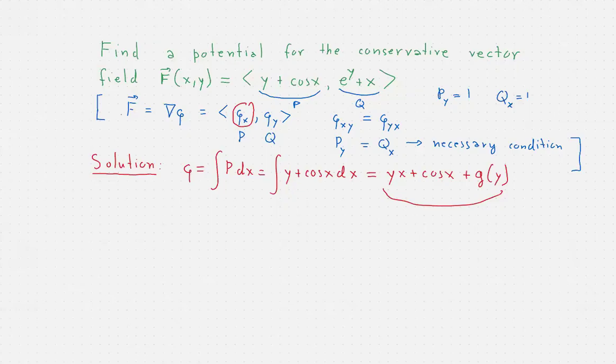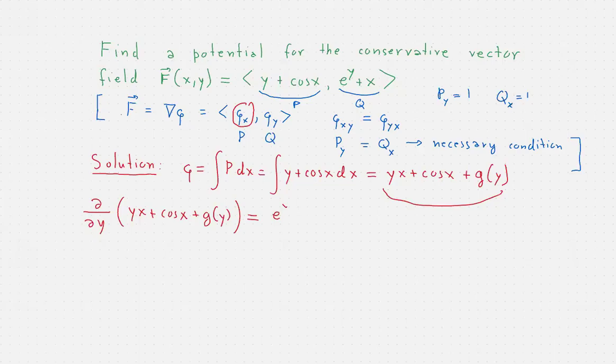We also want the partial derivative with respect to y to be equal to the second component, and that's what we're going to require now. So we're going to take the partial derivative with respect to y of what we just found and set it equal to the second component, and that should help us pin down g of y.